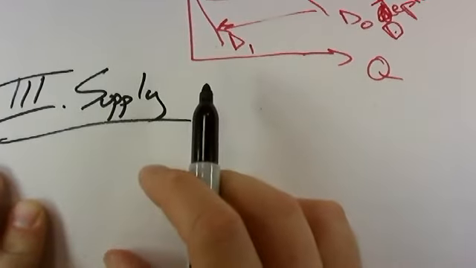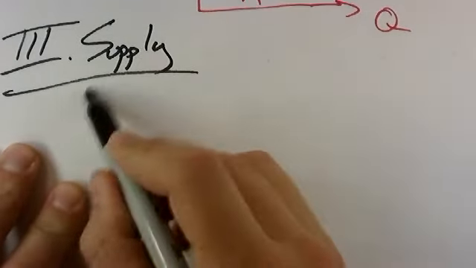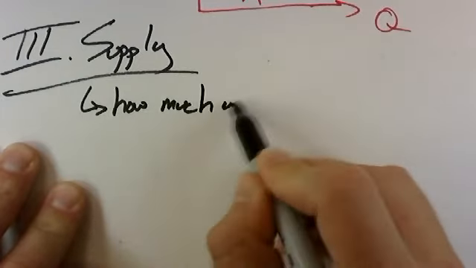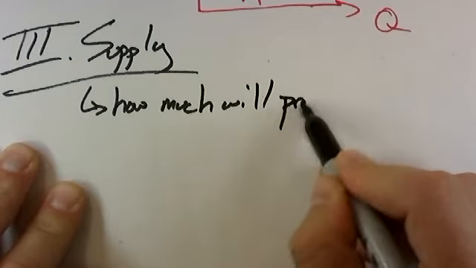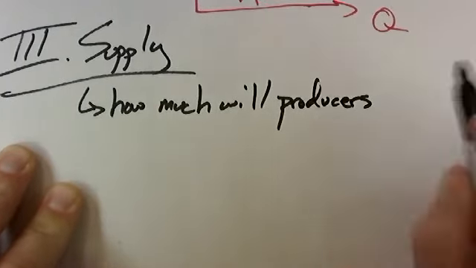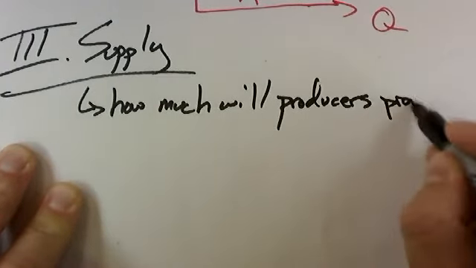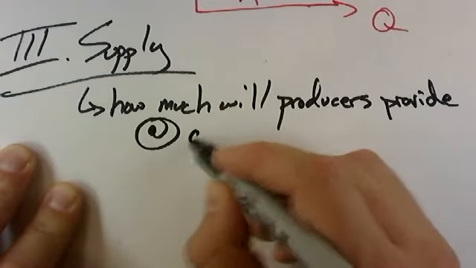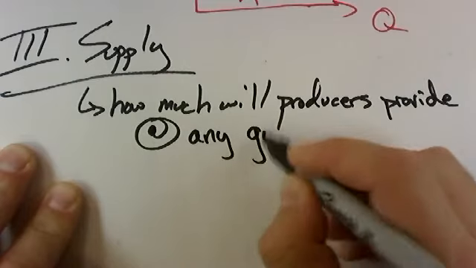So supply is telling us what amount producers or suppliers will provide at any given price, different prices, right?